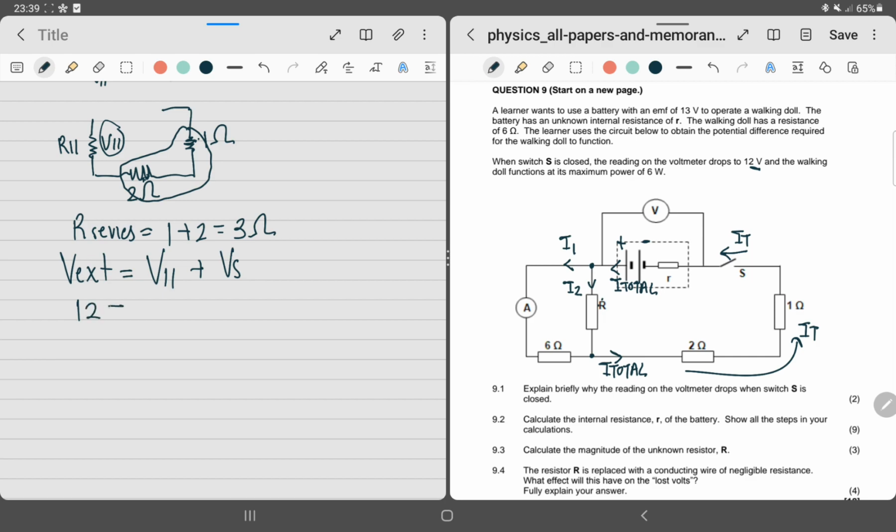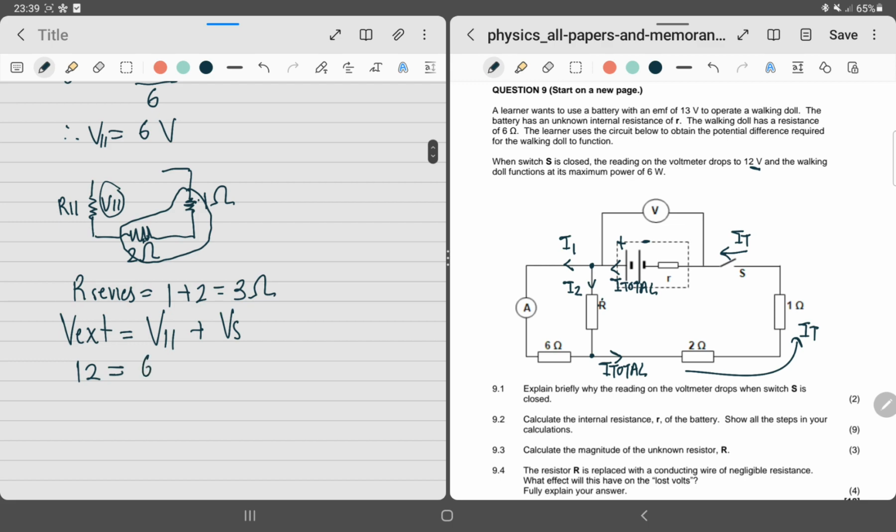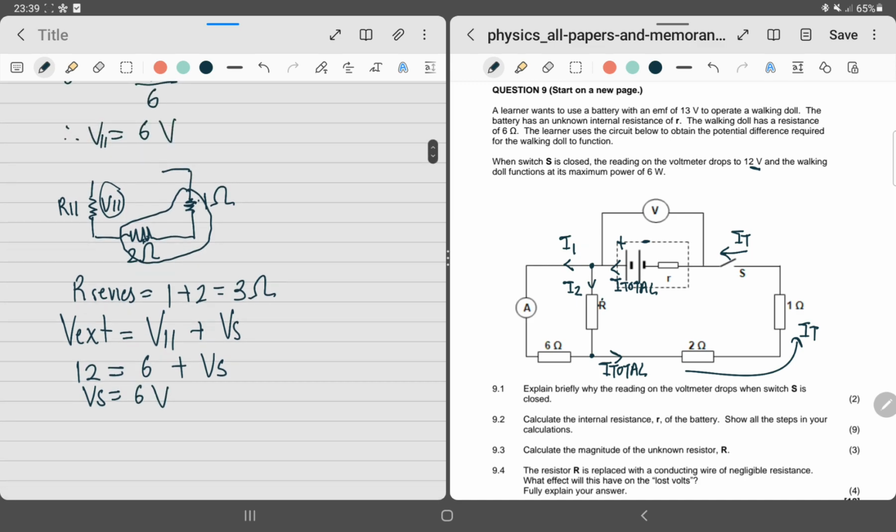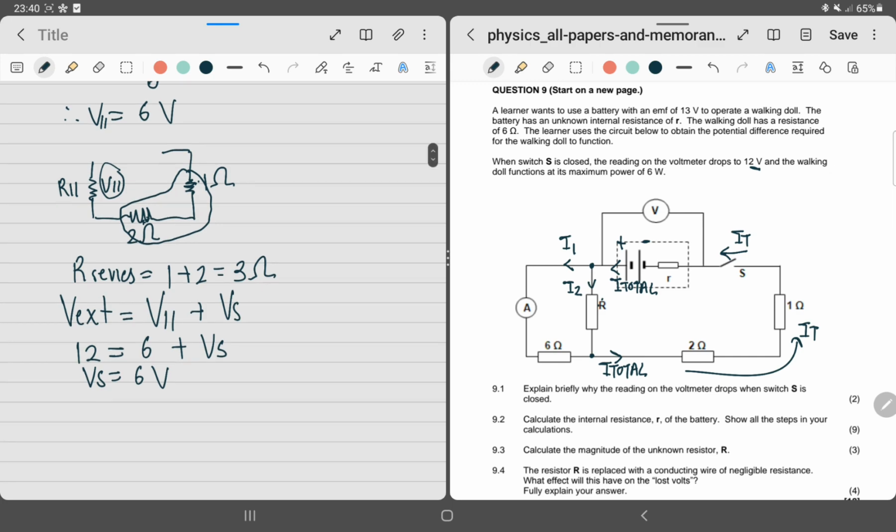V external is 12, and then V parallel is 6. So the V series should be equals to 6 volts. Because I know that the external voltage that is supplied to the external circuit must be equals to 12. So if the voltage that is supplied to the R parallel is 6, and then the remaining voltage should be 6 as well, so that I get a 12.